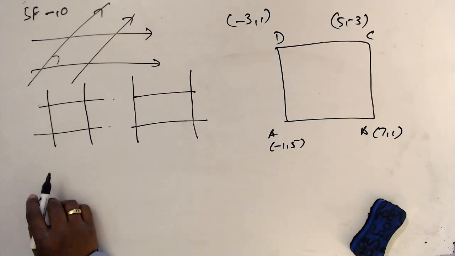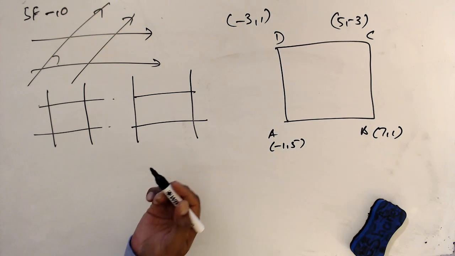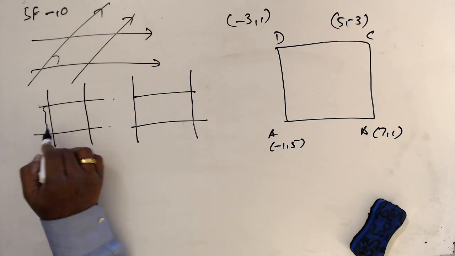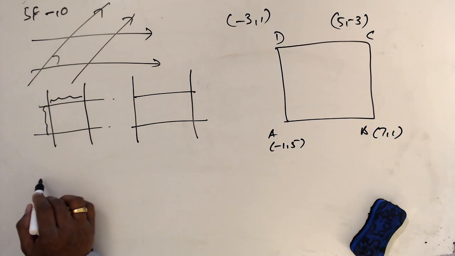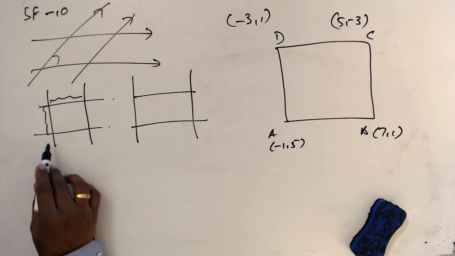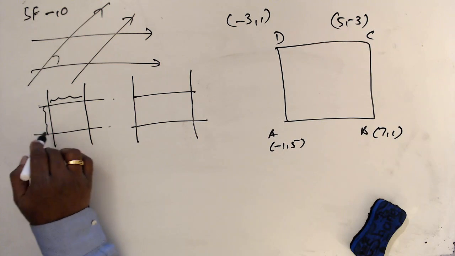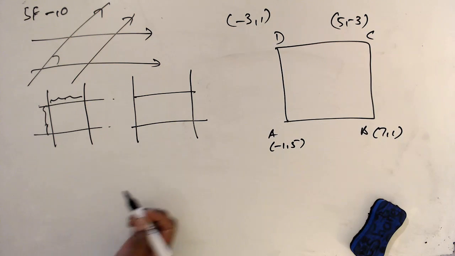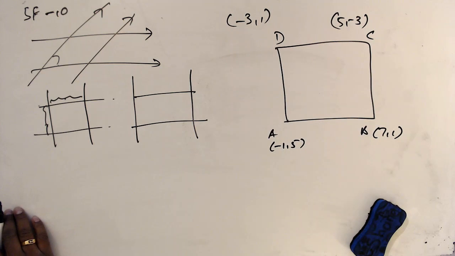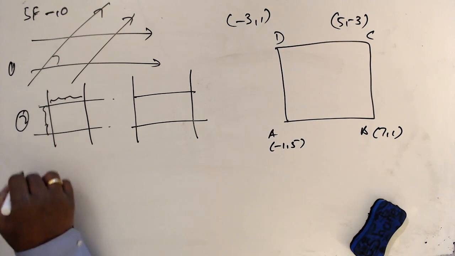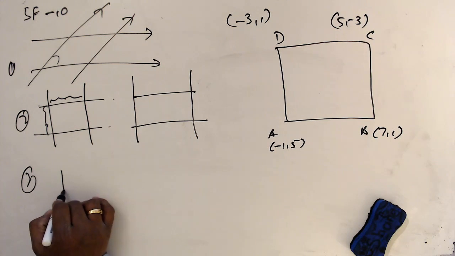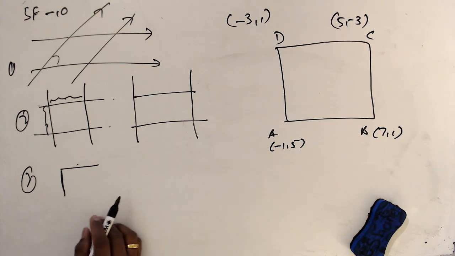Then I want to calculate these lengths and show that they are not equal. Then it becomes a rectangle.